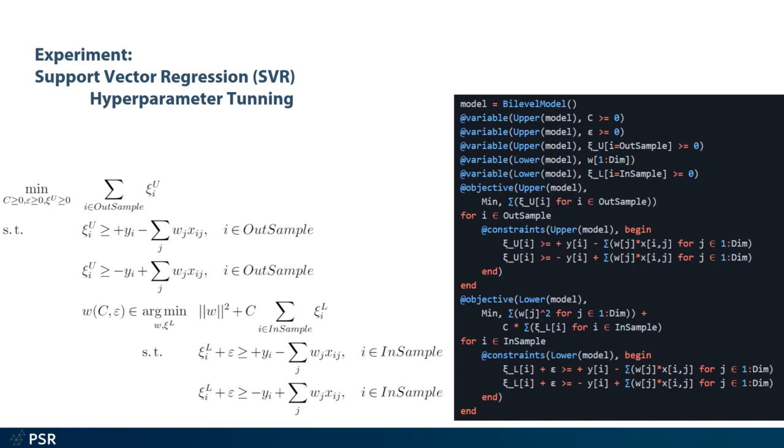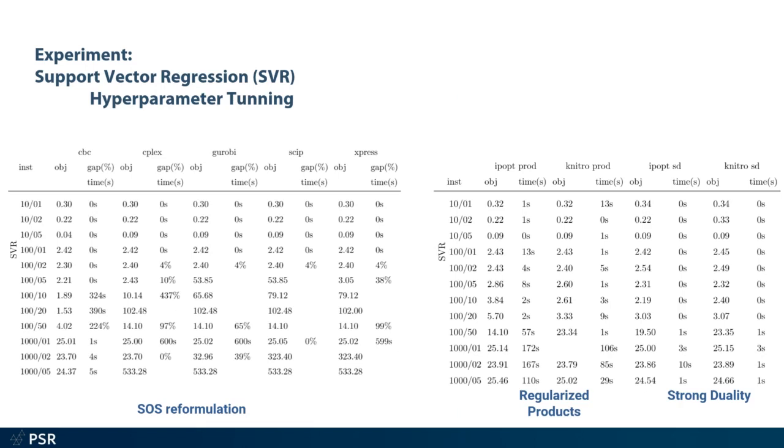with our solvers. In this slide, we show the results of solving the same model formulated by BilevelJuMP with different solvers and reformulation techniques. So in the first table, we have 5 solvers, CBC, Simplex, Gurobi, SCIP, and Xpress, all of them using the SOS reformulation.